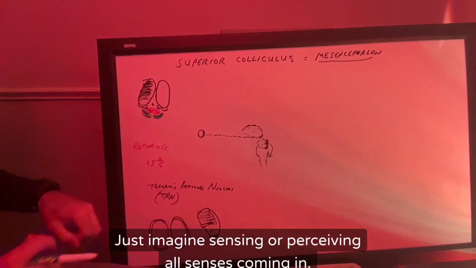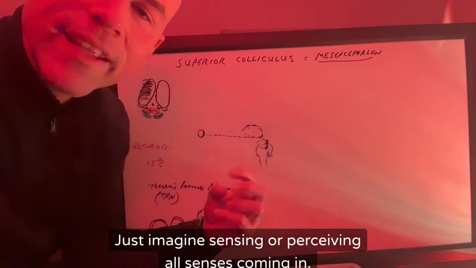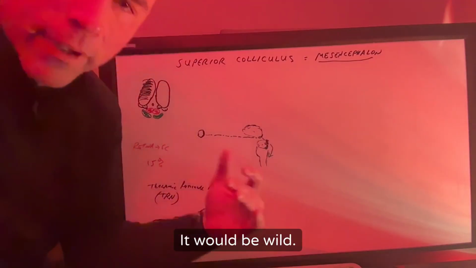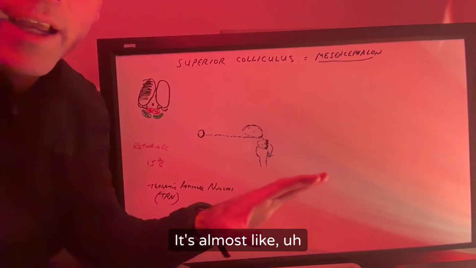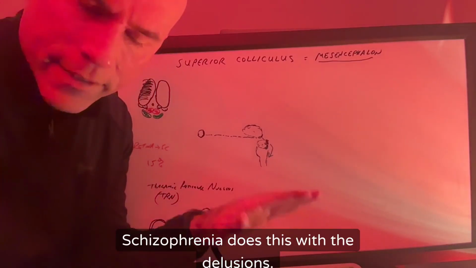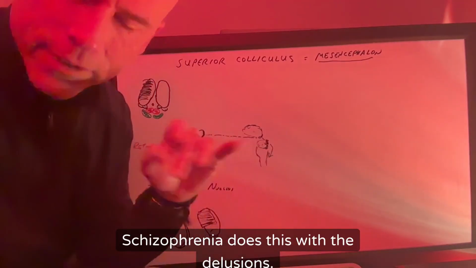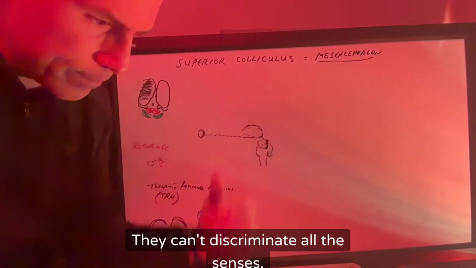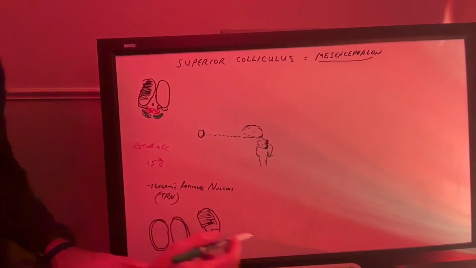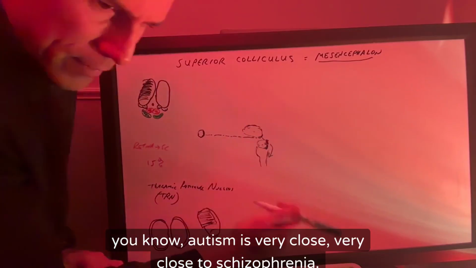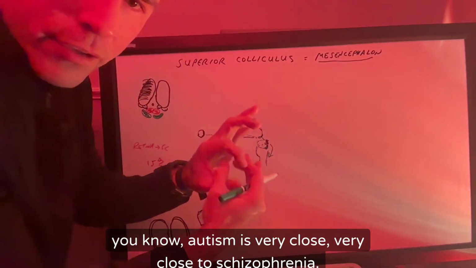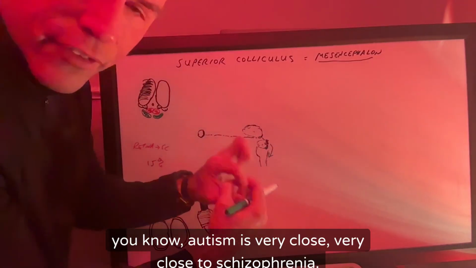Just imagine sensing or perceiving all senses coming in. It would be wild. It's almost like schizophrenia does this with the delusions. They can't discriminate all the senses, and autism is close, very close to schizophrenia.